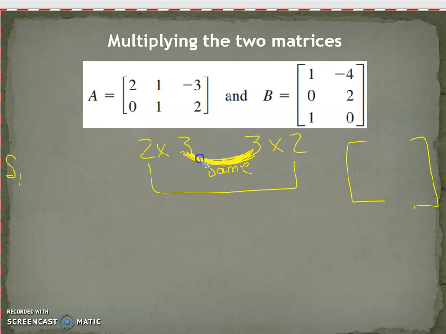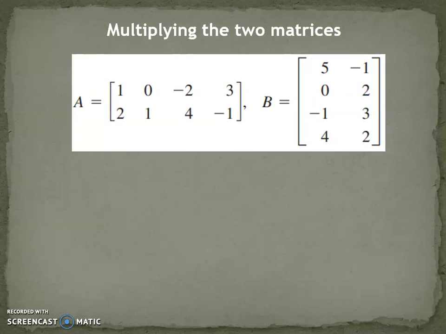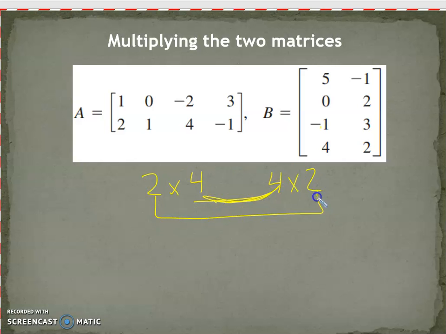So these inside numbers here. And then the outside terms, rows of the first, columns of the second, will tell you what your matrix looks like. Okay? So let's see if I got another one here. This one is a 2/4, and this was a 4/2. Because these are the same, we can multiply, and 2/2 would be my solution.